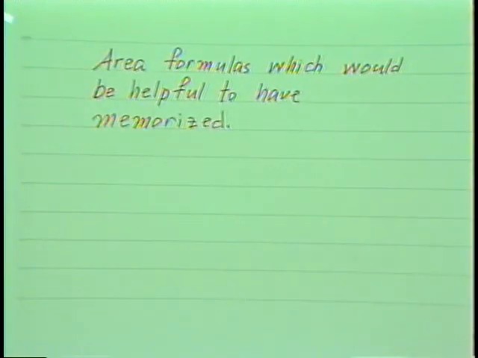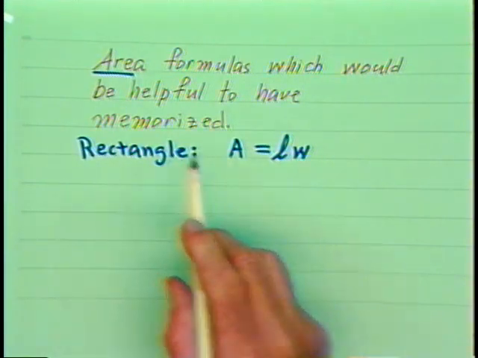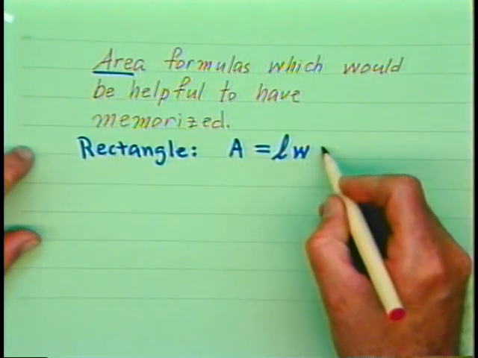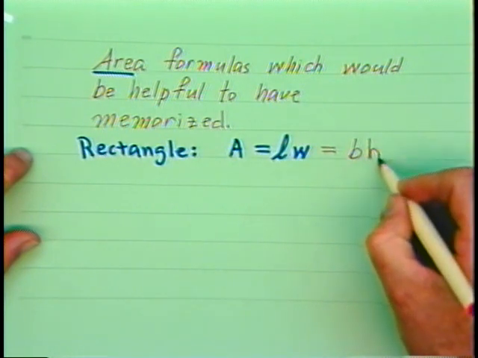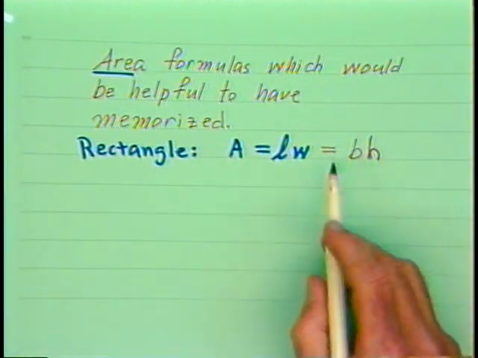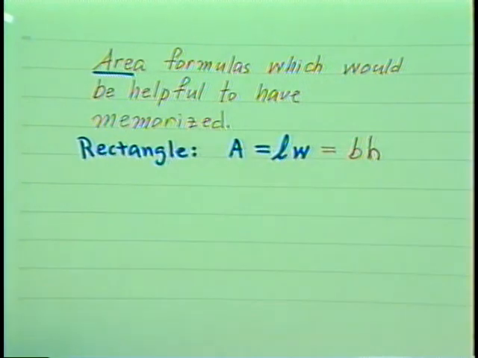And of course there are certain basic formulas which are simply well to have memorized regarding area. Of course the rectangle, which is length times width, and sometimes referred to as base times height, depending on your choice of nomenclature.